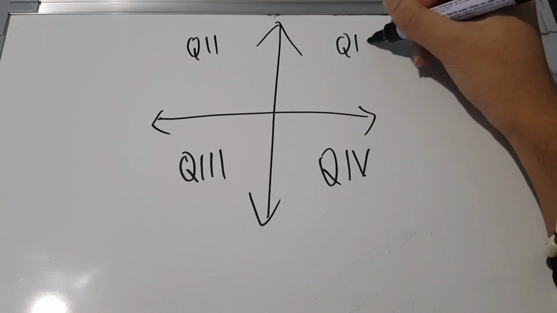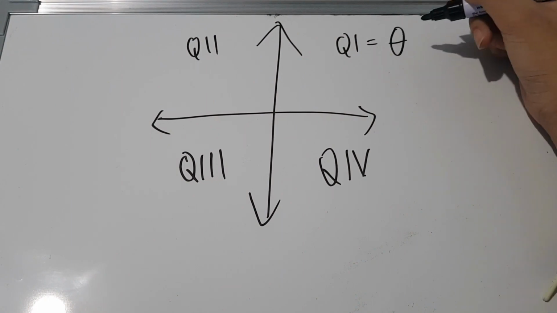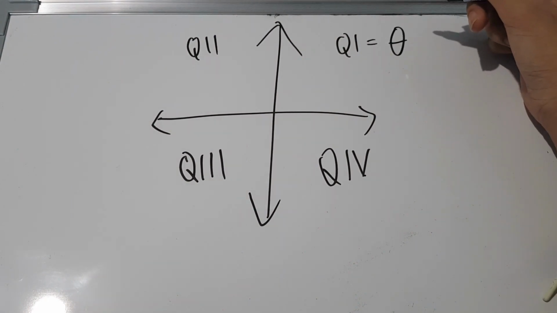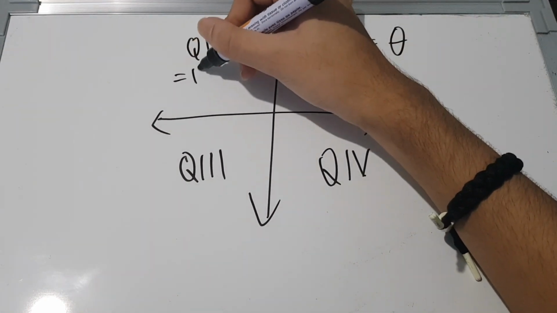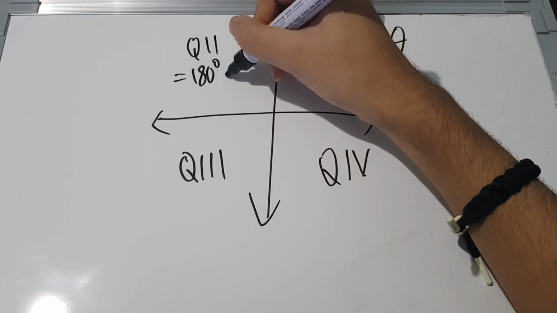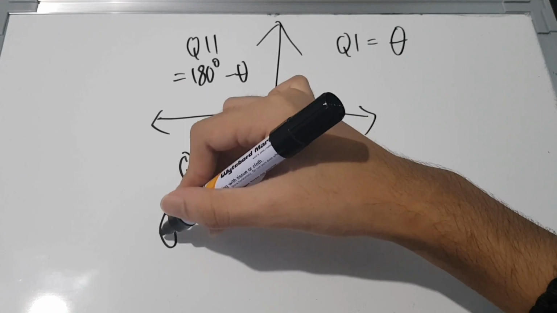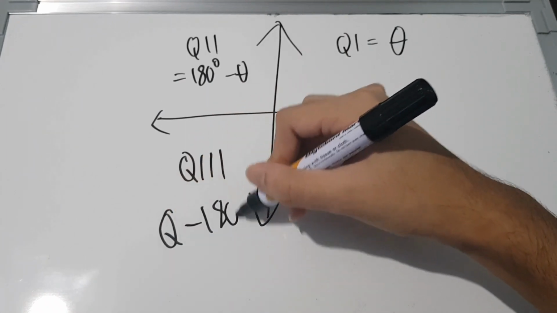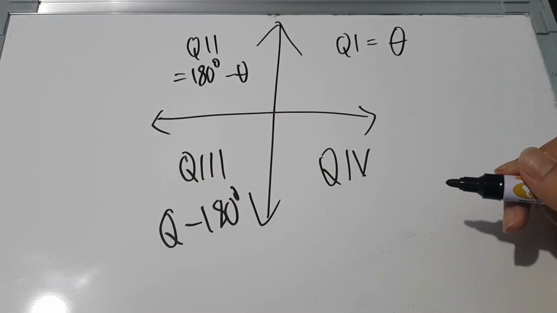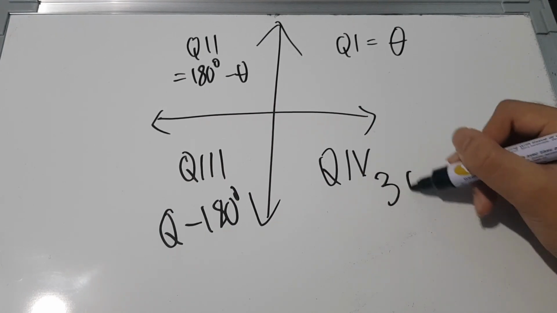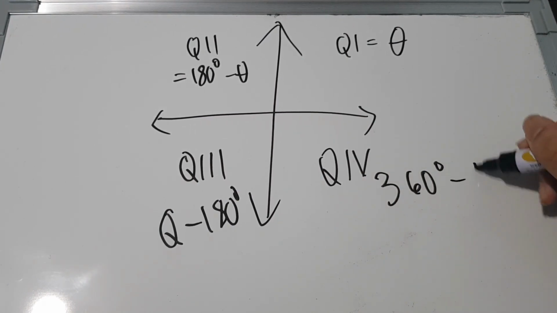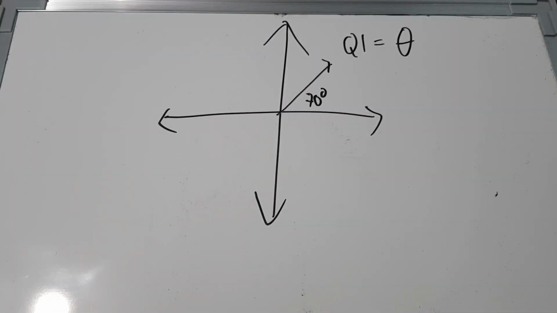For quadrant 1, it will just be theta, or the angle. For quadrant 2, it will be 180 degrees minus theta. For quadrant 3, it will be theta minus 180 degrees. And for quadrant 4, it will be 360 degrees minus theta.